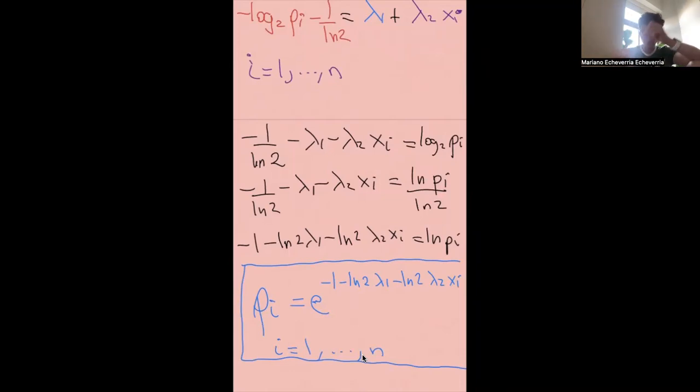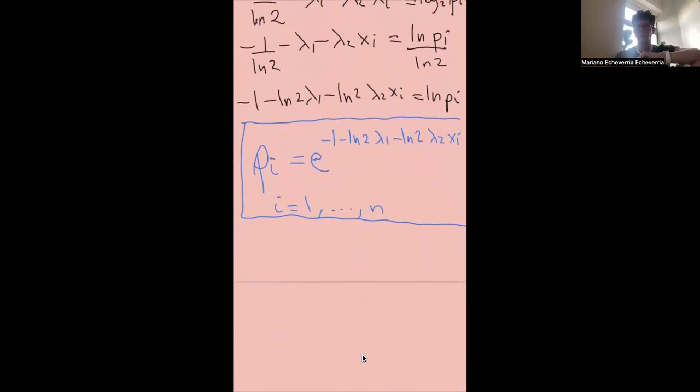Is that making sense? There are slightly better ways to write it, because you notice that the first quantity does not depend on i, so you can use a property of the exponential to split it as a product. So this is e to the minus 1 minus ln 2 lambda 1 times e to the minus ln 2 lambda 2 x_i.